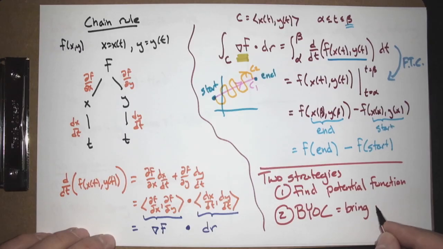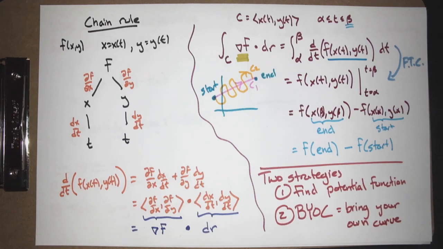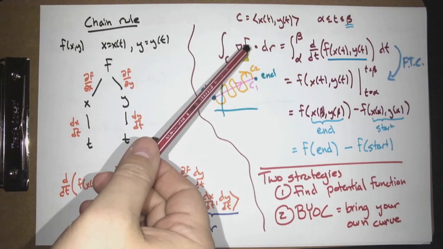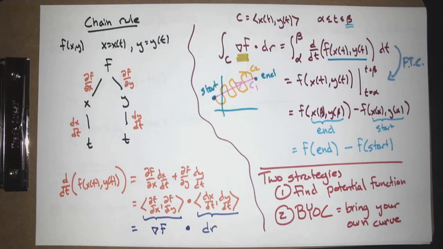Bring your own curve. If you don't like the curve they give you, do a different curve, because it'll be the same. Now, that assumes you are conservative. If you're not conservative, you have to bite the bullet and do it the long way. Replace x by x of t, replace y by y of t, so forth and so on, and fill up the pages. All right, so that's today.